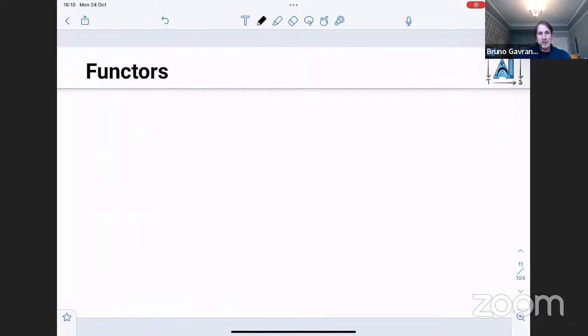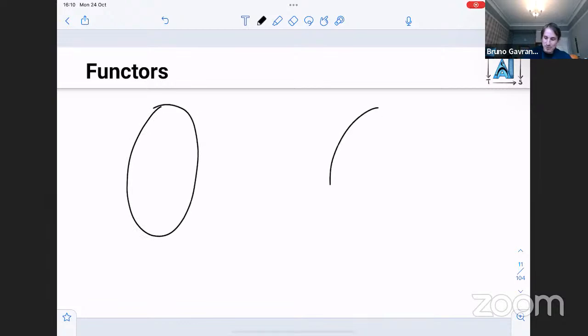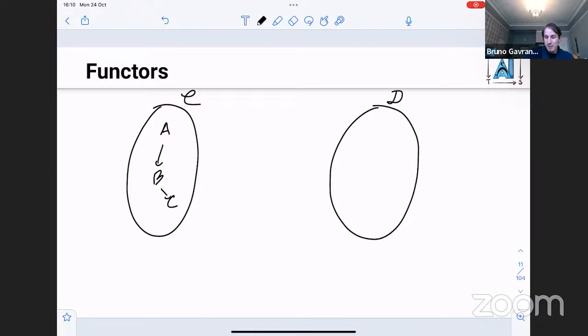So we've seen structures inside these categories, and we talked about functors. So I'll briefly just remind you that if we have a category C and a category D, each of which has some internal structure, some morphisms, and some objects, we talked about a way of mapping between these categories. So the same way inside categories we have objects and morphisms, you can think of categories as sort of objects, and then morphisms of categories are called functors.